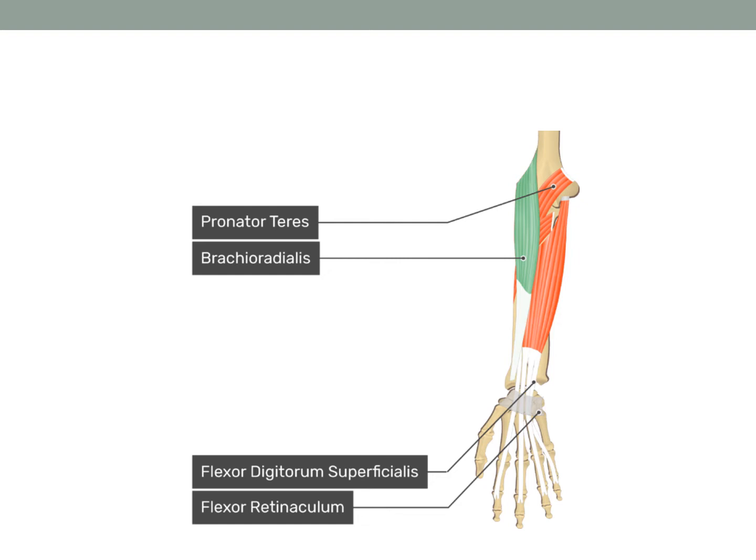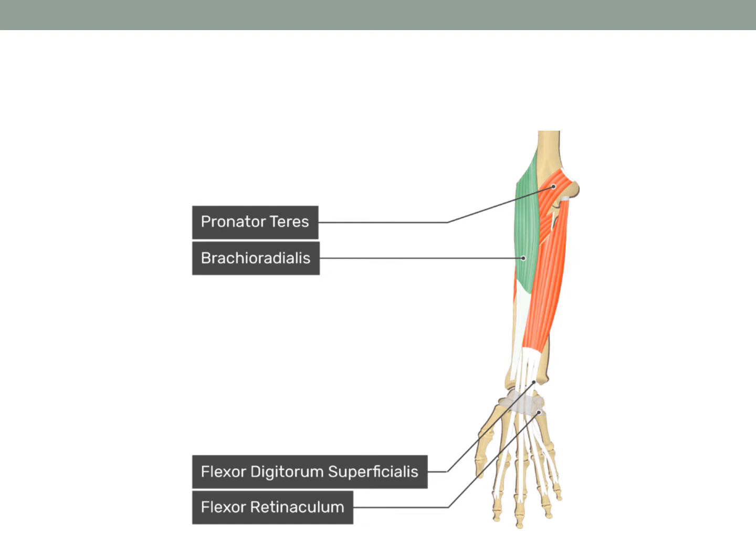The muscle that is highlighted in green is the brachioradialis. The main function or action is it flexes the elbow. The origin is the lateral supracondylar ridge of humerus, and the insertion is the lateral surface of radius near styloid process.